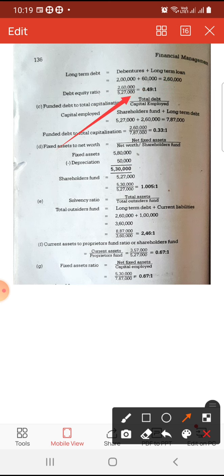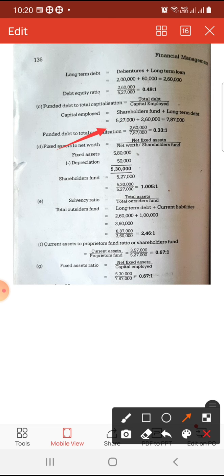So 2 lakh plus 60,000, it is 2 lakh 60,000. Next, debt equity ratio. Debt equity ratio is 2,60,000 divided by 5,27,000. It is 0.49:1. Next is funded debt to total capitalization, that is total debt divided by capital employed.